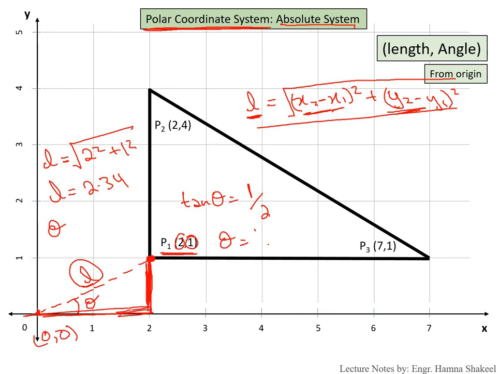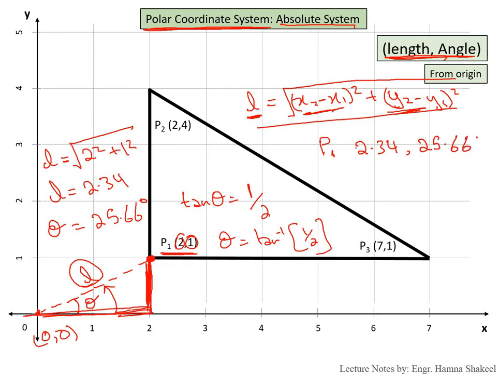So from here you can find the value of theta, and the value of theta here is 25.66 degrees in the anti-clockwise direction. So the position of point P1 using the polar absolute system is 2.34, 25.66 degrees. So this is the length and this is the angle.